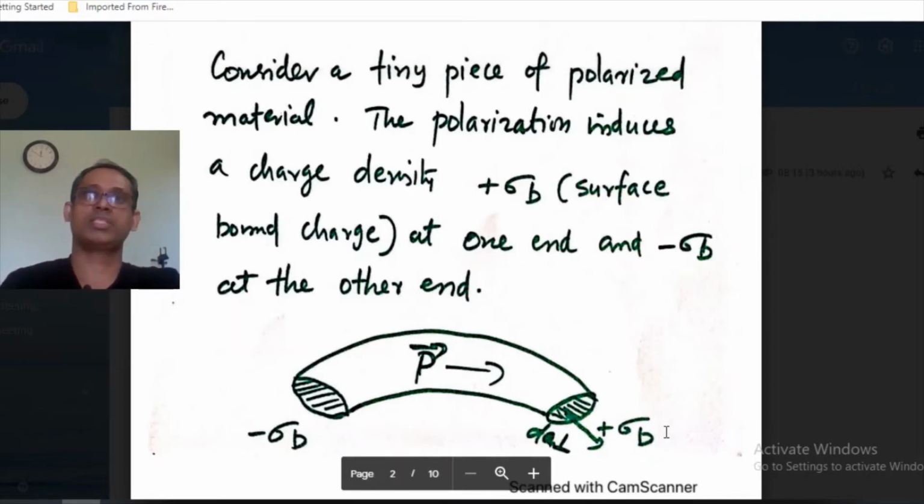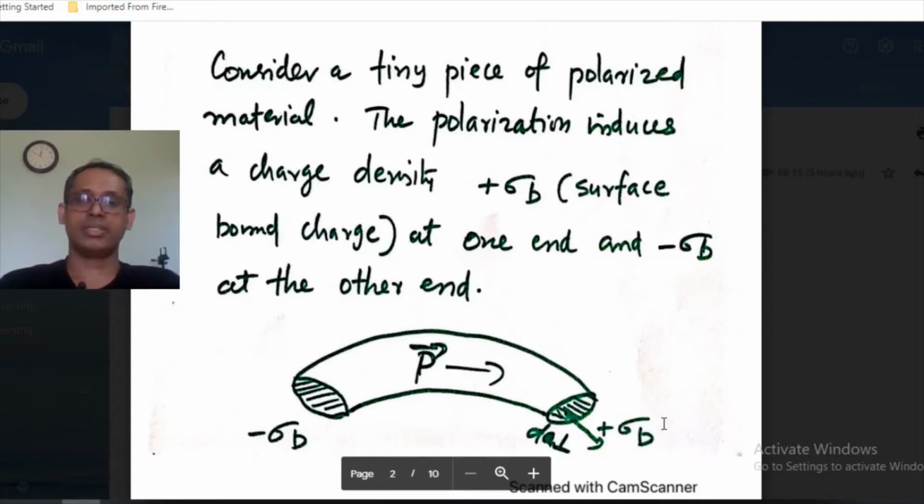So here plus sigma b is the bound charge density appearing at one end of this material, and minus sigma b is the surface charge density appearing at the other end.